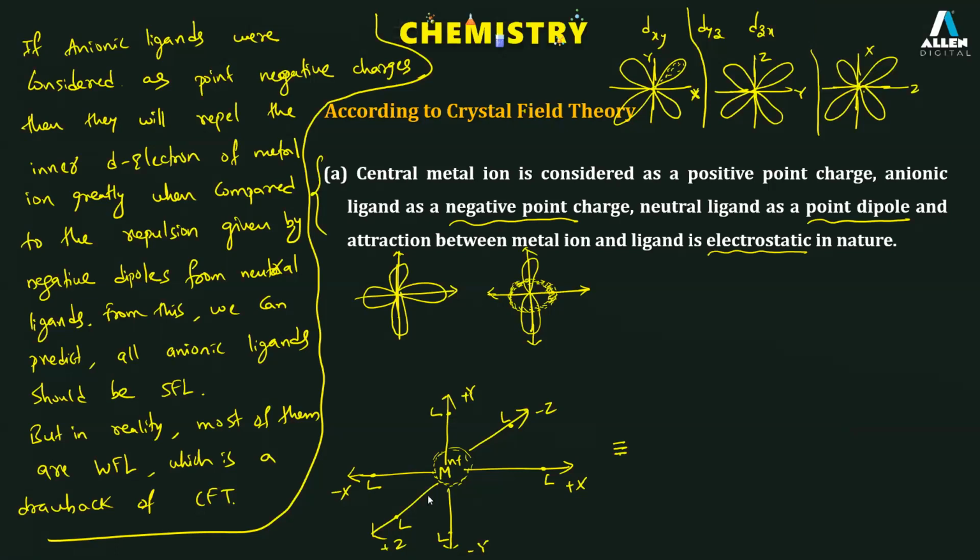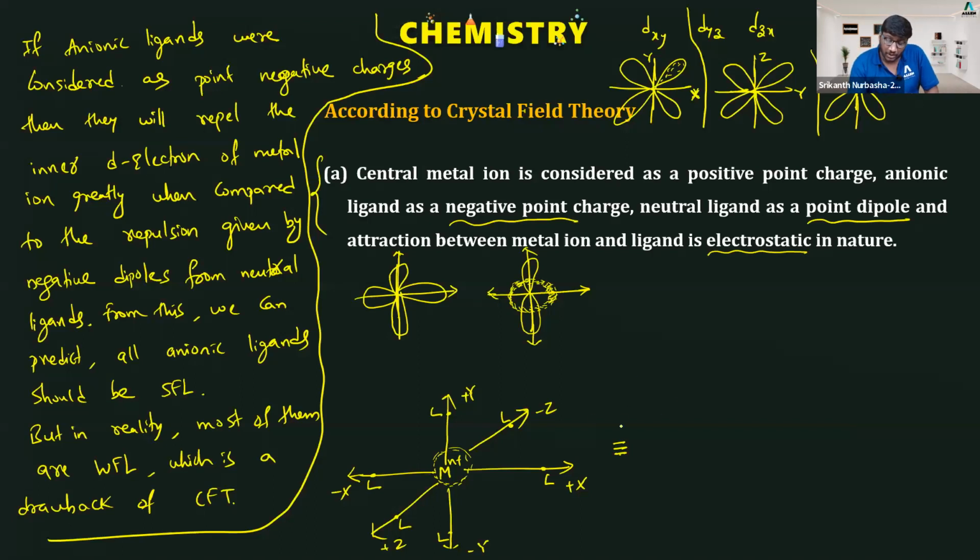Yes, sir. Consider my wrist as a metal ion, it has its dx square minus y square orbital whose lobes are along the axis. Ligands are approaching like this. Ligands are positioned like this. The lobe is already along the axis. So repulsion is great, no? Repulsion great means energy will be high.